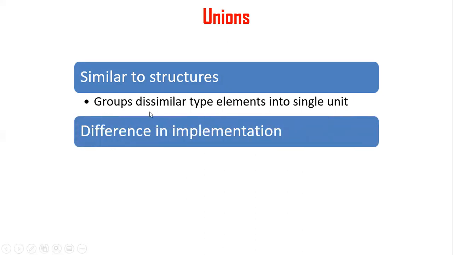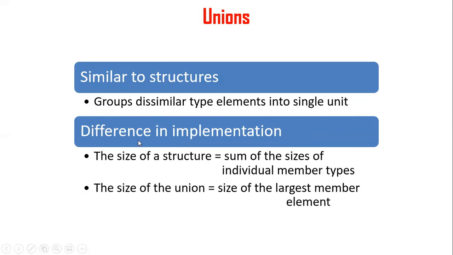And where is the difference actually? The difference lies in implementation. The size of a structure is equal to the sum of the sizes of individual member types, whereas the size of the union will be the size of the largest member element.